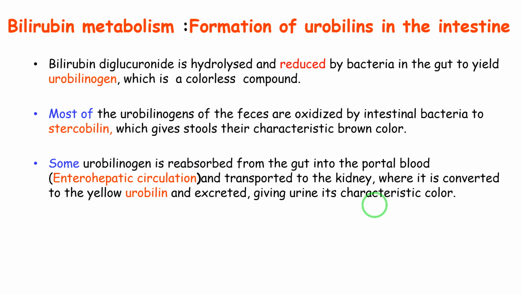So if we measure the bilirubin in the blood and it is high, it indicates that the process of bilirubin metabolism is defective. We will see where the defect is, whether in the liver, prior to the liver, or post-hepatic, maybe due to obstruction.